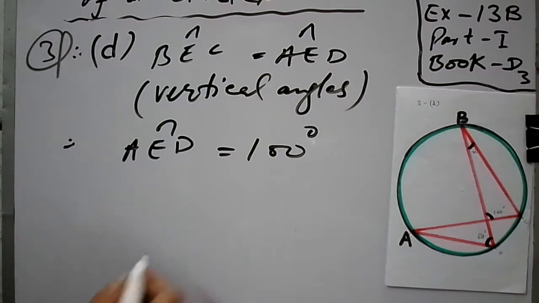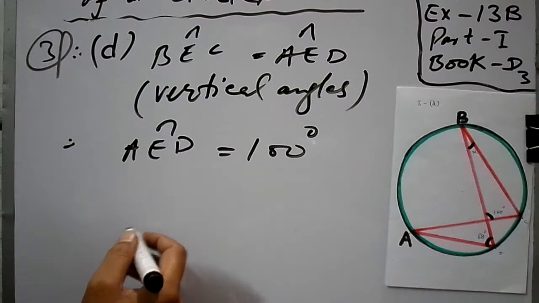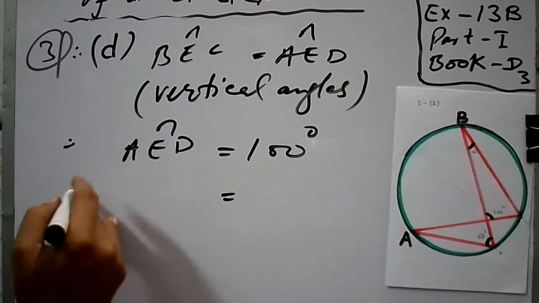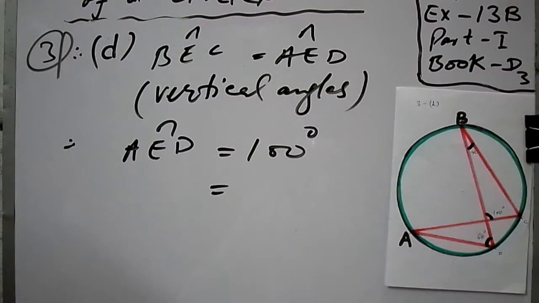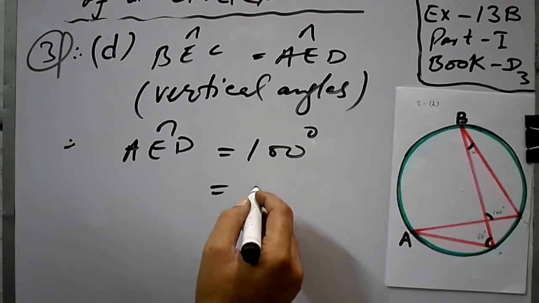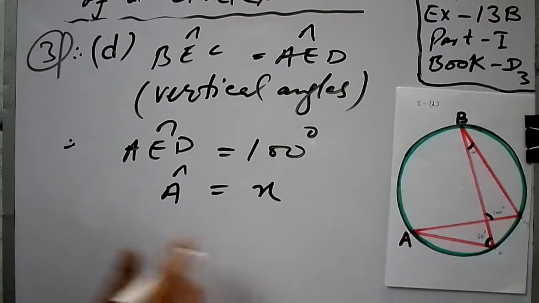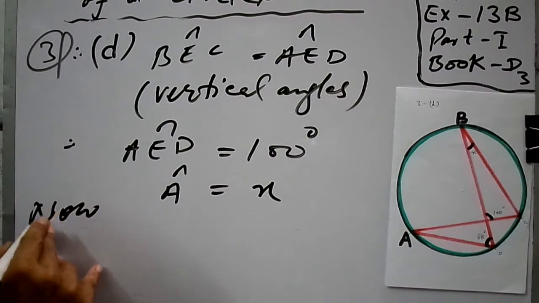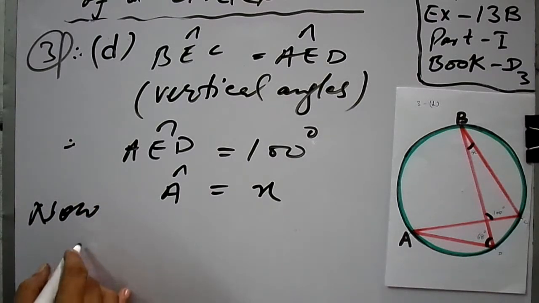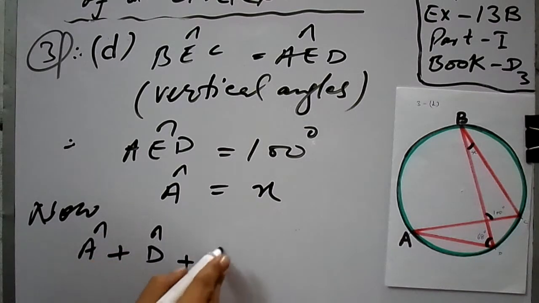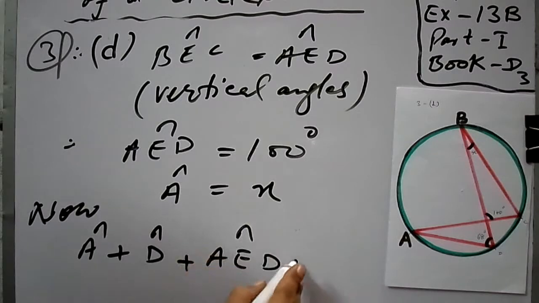So we can say that the sum of interior angles must be equal to 180, where angle A is equal to x. So angle A plus angle D plus angle AED must be equal to 180 degrees.